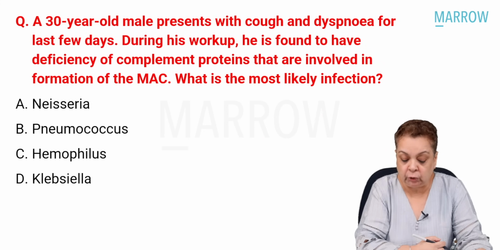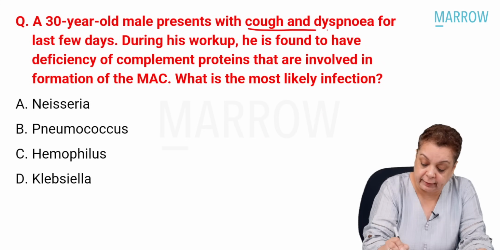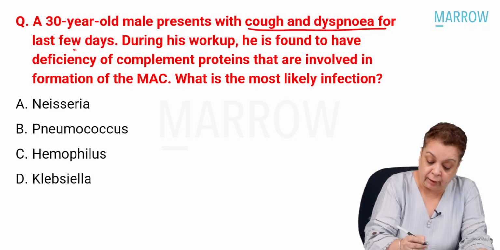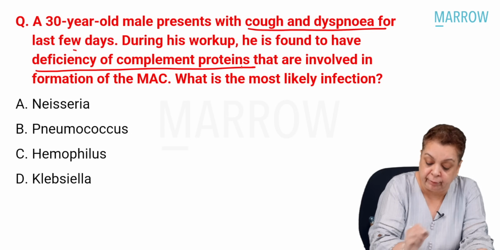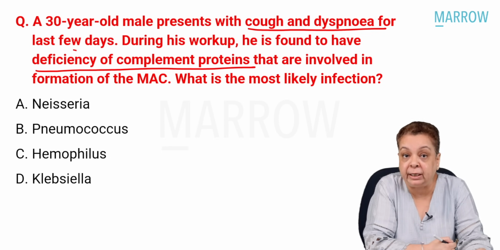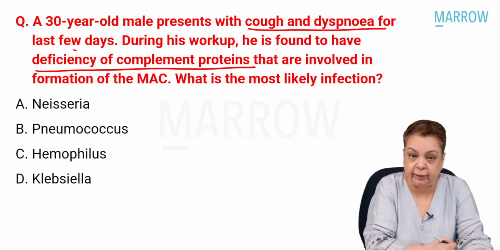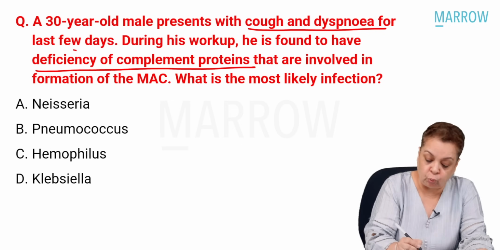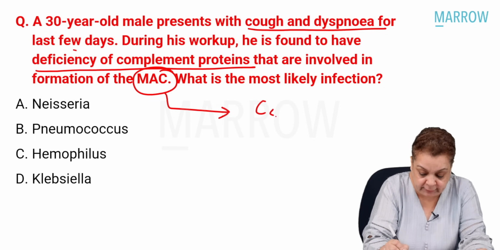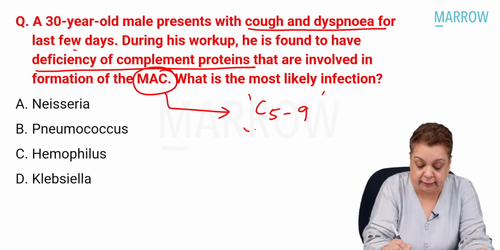A 30-year-old male presents with cough and dyspnea for the last few days. During his workup, he is found to have a deficiency of complement proteins that are involved in the formation of the membrane attack complex. What is the most likely infection? I hope you remember what are the components of the membrane attack complex, C5 to C9.